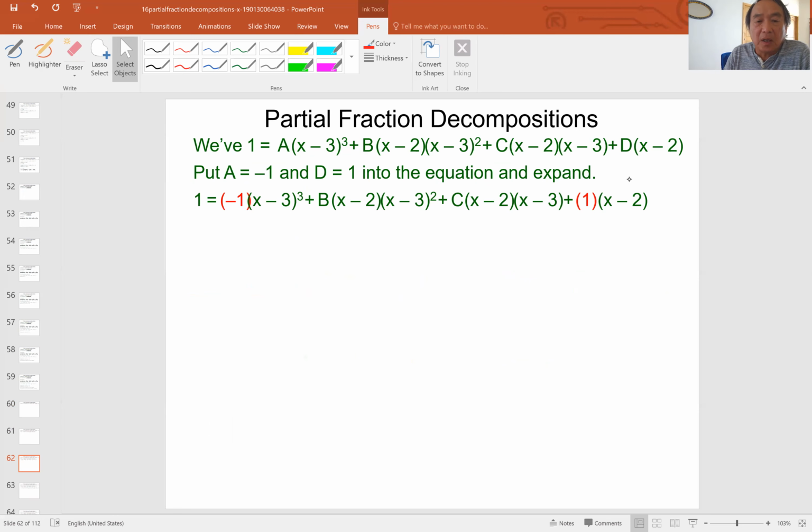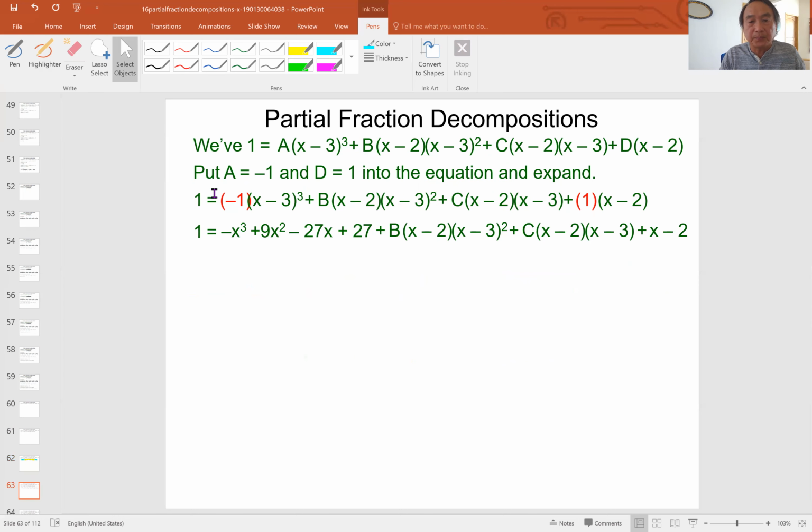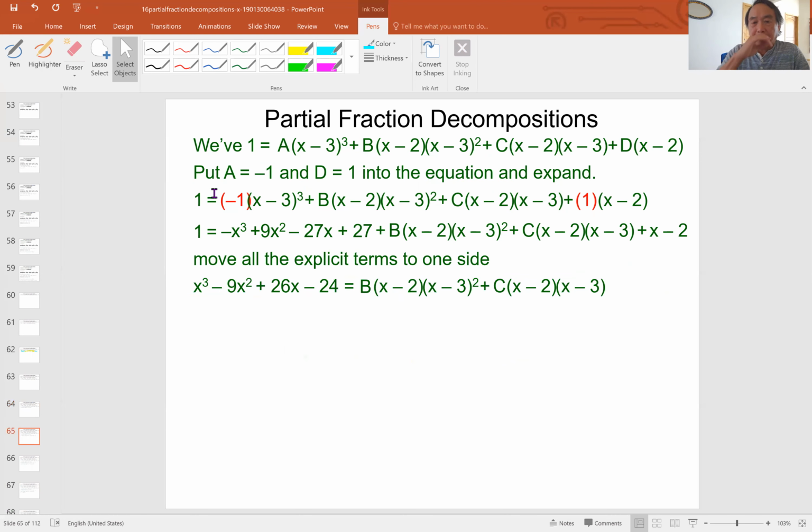We leave B and C on this side, and everything we can expand and find out explicitly, we put on the other side. So put everything on the left-hand side except B and C.